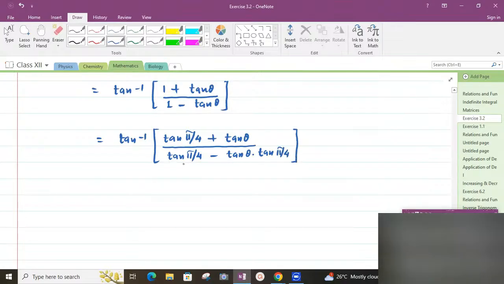To convert this, 1 minus tan A tan B. So we write down here tan pi by 4 and we know that the value of tan pi by 4 is 1.